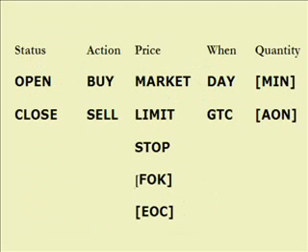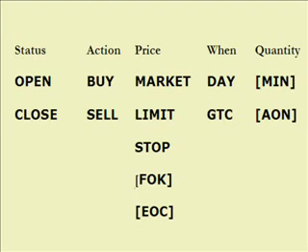Well, I've created a table here to show the different types of option and stock specifications that you have to use for each and every order. You either open or close, buy or sell, place a market order, which typically is unattractive because if you're buying, you'll pay a higher price from somebody else's limit, or if you're selling, you'll get probably the lower price from somebody else's limit, and a stop order, which we'll describe in a moment.